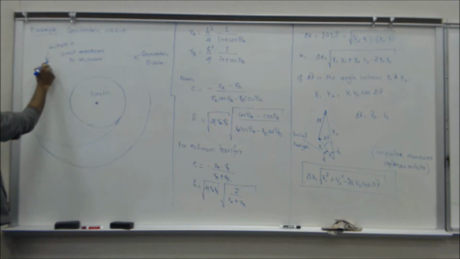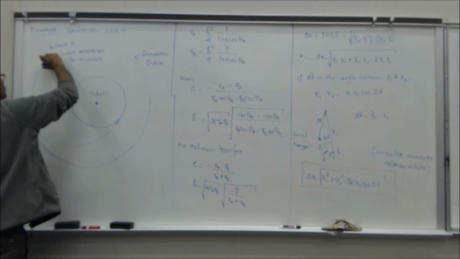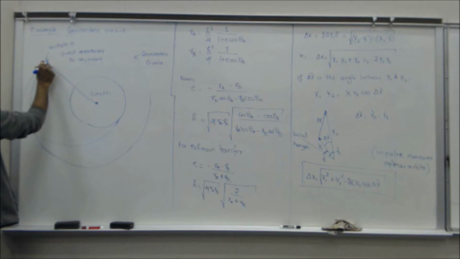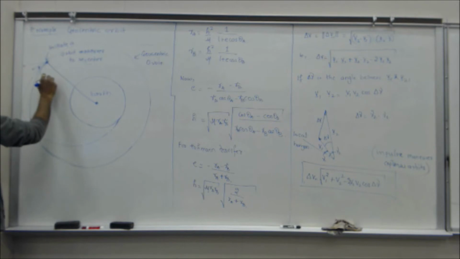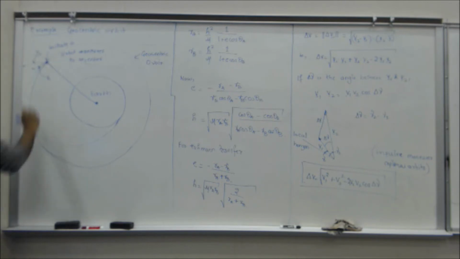So let's say this is your local horizon. This is V1, this is V2, right? You have to go out and then come in.